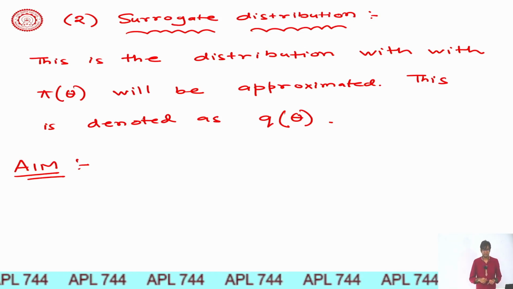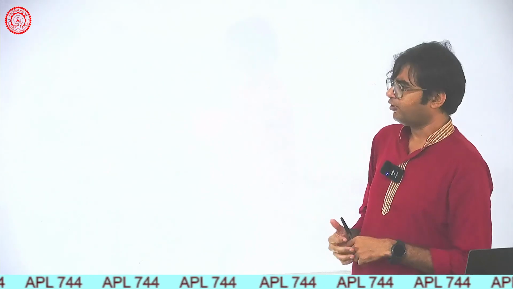Or rather, what is the broad high level question, what is the aim in approximate inference? Not pi theta minus q theta, but you are correct that these two distributions should be as similar as possible.